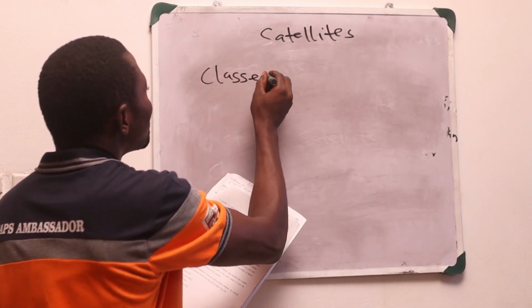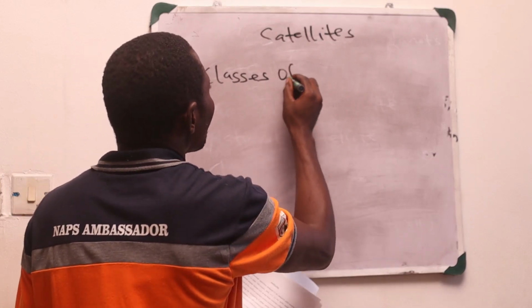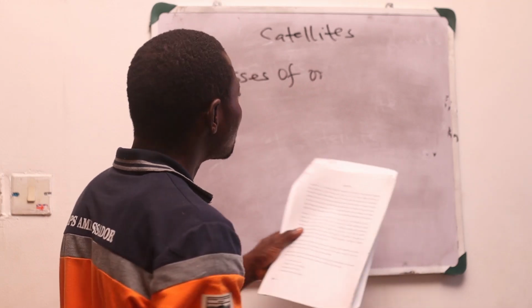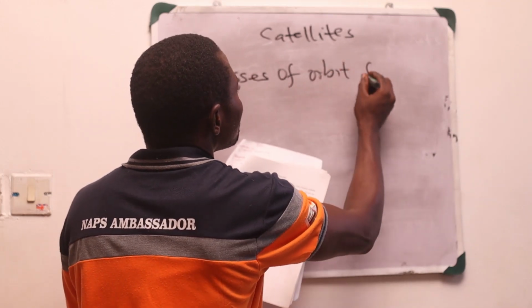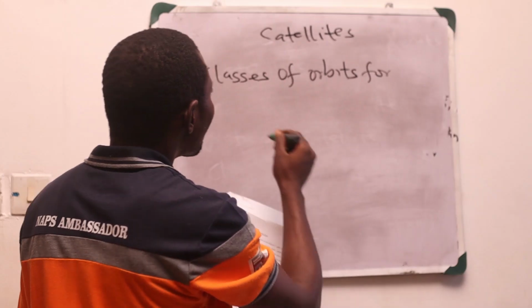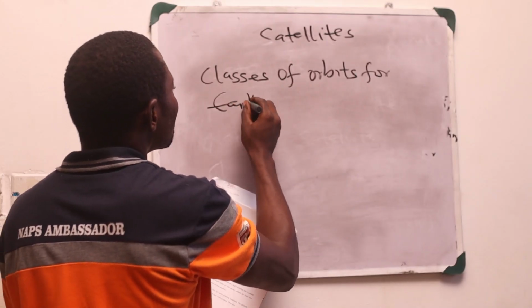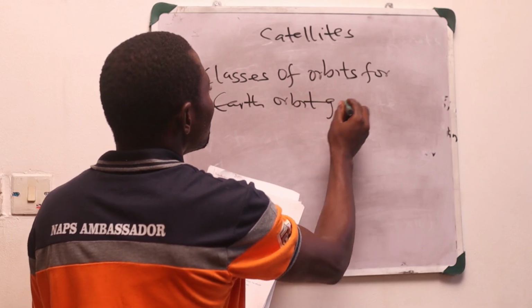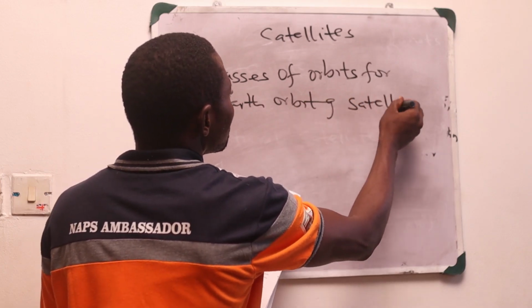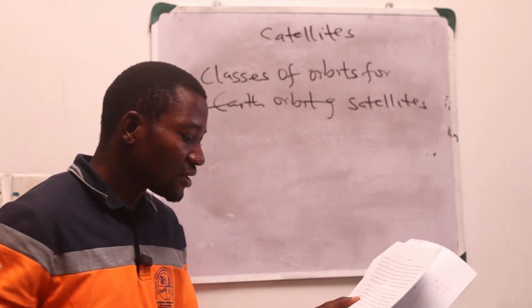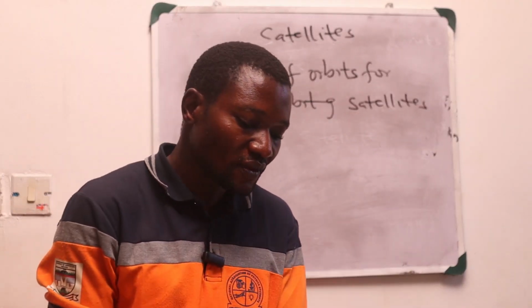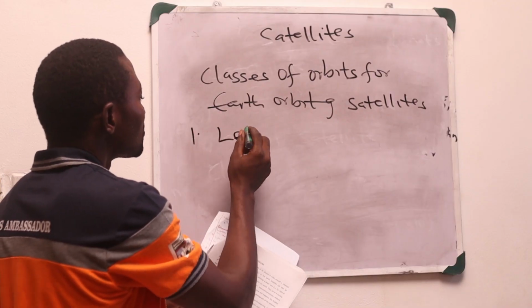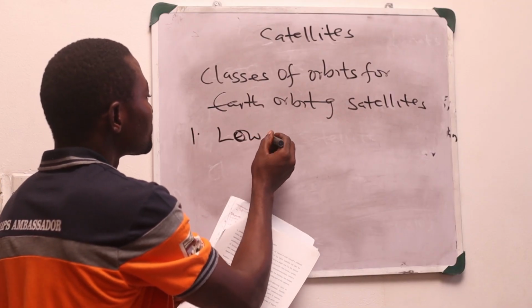So we have different classes of orbit for Earth orbiting satellite. We have the low Earth orbit, that is the first one. Low Earth orbit.